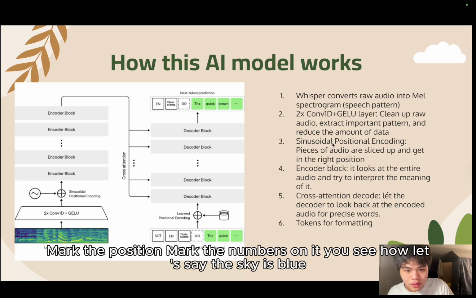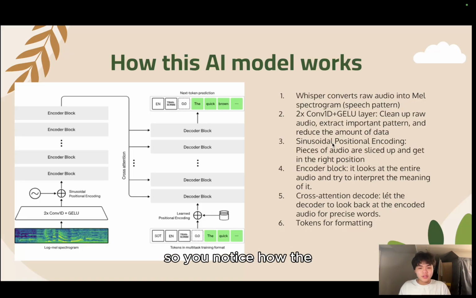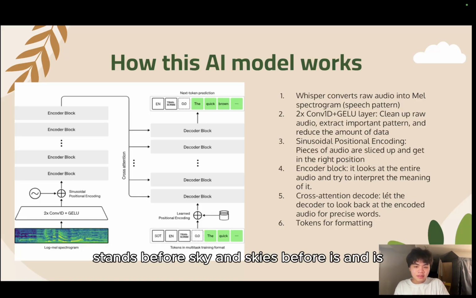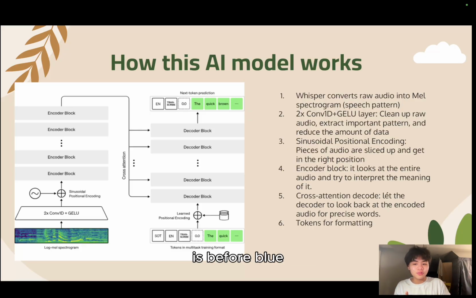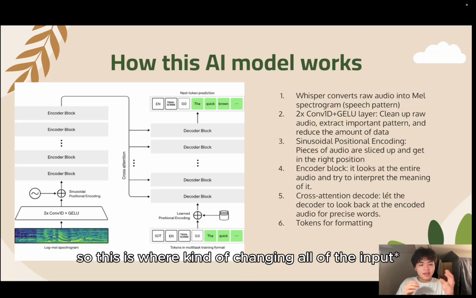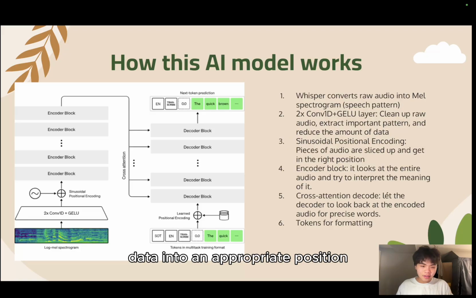Let's say the sky is blue. You notice how "the" comes before "sky", and "sky" comes before "is", and "is" comes before "blue". This is where it changes all of the input and output data into an appropriate position.